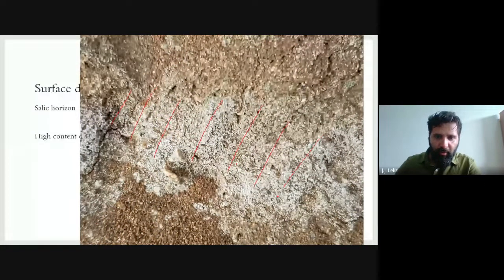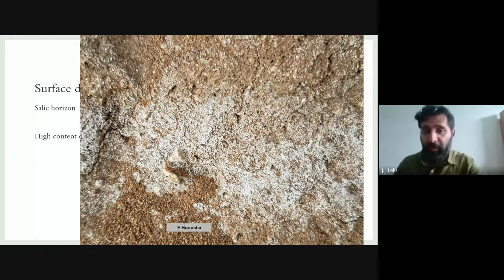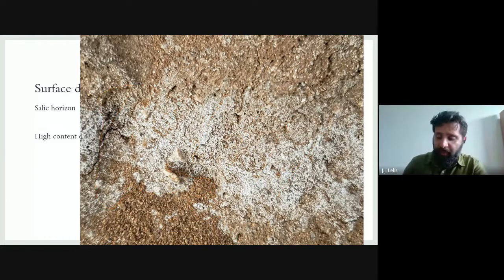So we concentrate salt because water is being released by evapotranspiration, because the precipitation is too low in comparison to evapotranspiration. The temperature is very high, and we concentrate salts in surface or subsurface.